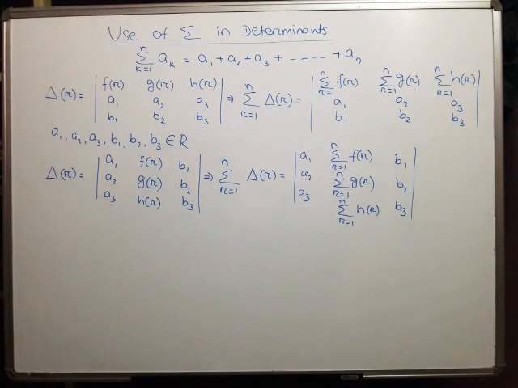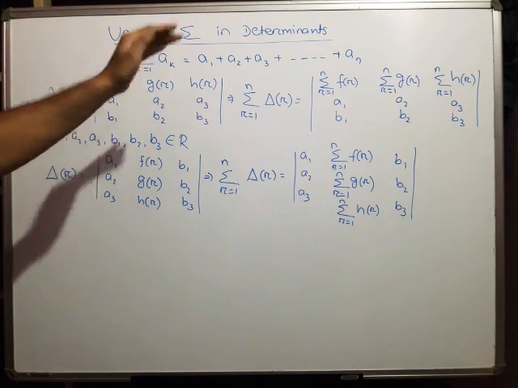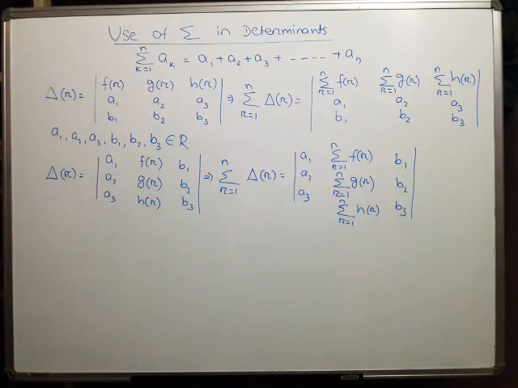So in these two cases we saw that the functions of r are either in a row or in a column, and the rest of the two columns or rows consist of constant terms.